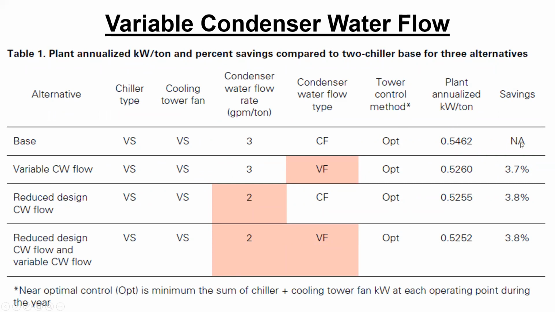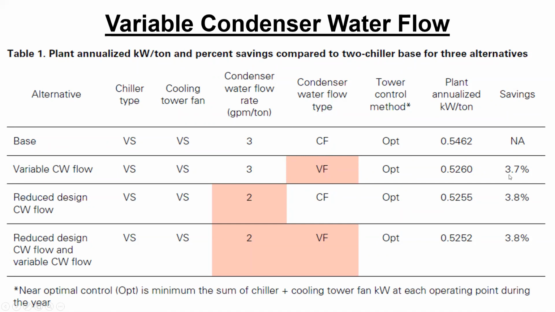The table shows kWh per ton, and of course this is the baseline, so no saving is applied. But let's assume we have variable control, variable condenser water flow. The only change here is that our condenser water flow is variable flow instead of constant flow.